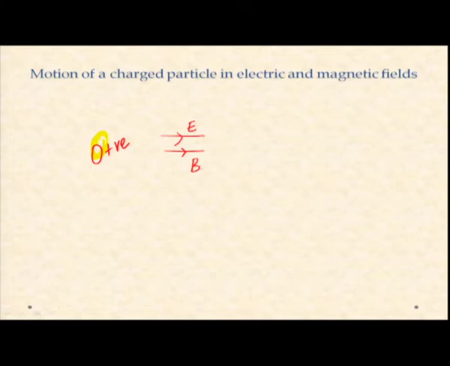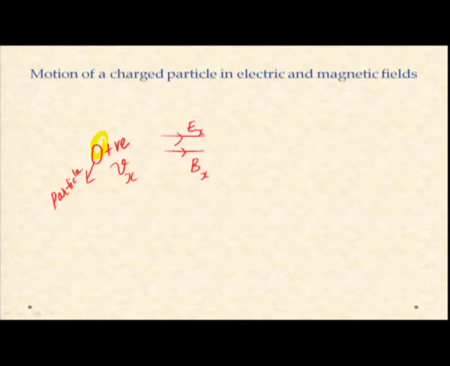This positive charged particle has a velocity v. Assume that all three are in the x direction: vx, Ex, Bx. So a positive charged particle having velocity component vx moves in a parallel electric and magnetic field Ex and Bx.